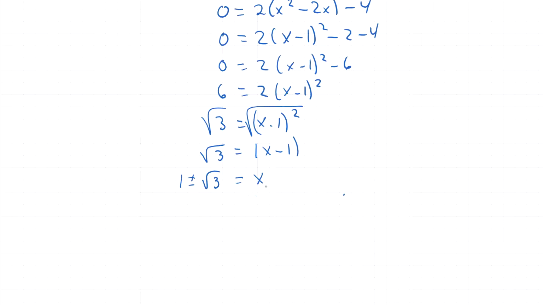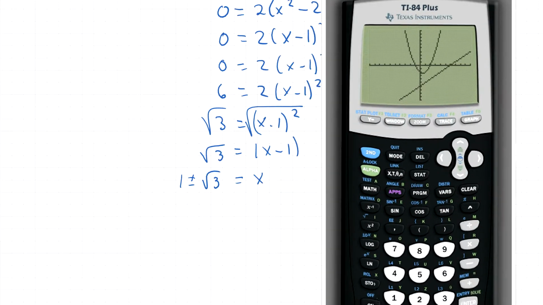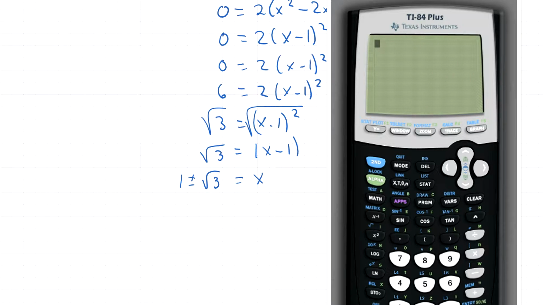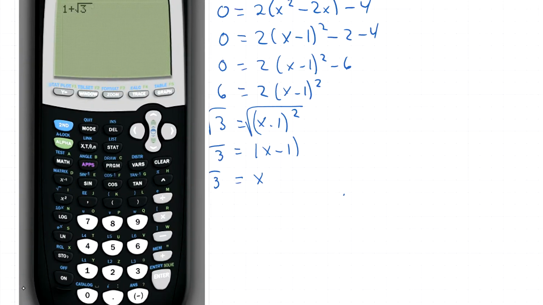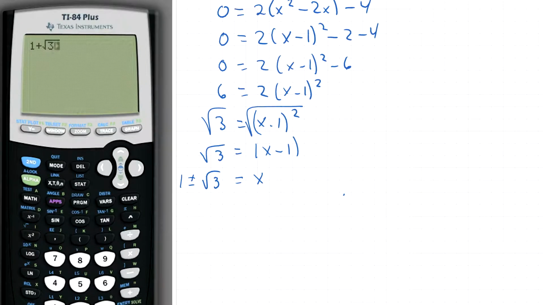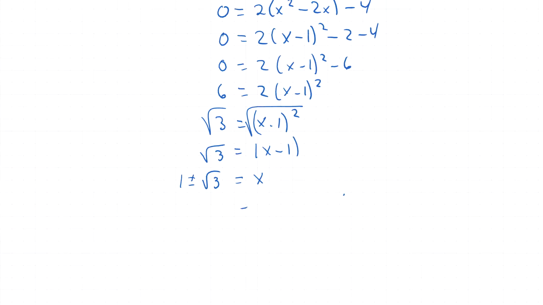So now what you do is you substitute that back in, and because we're getting an irrational number here, I'm just going to find the decimal equivalent of 1 plus the square root of 3. Enter.